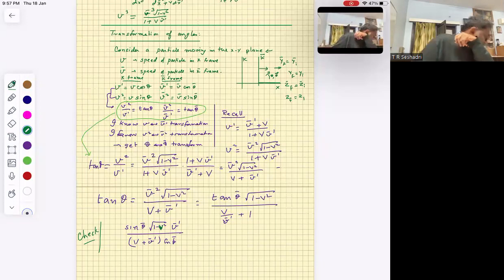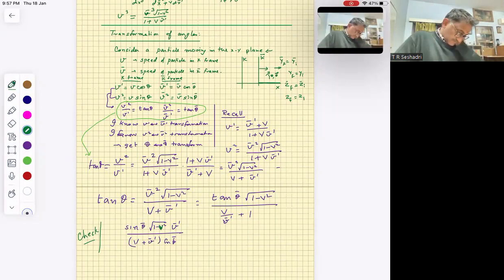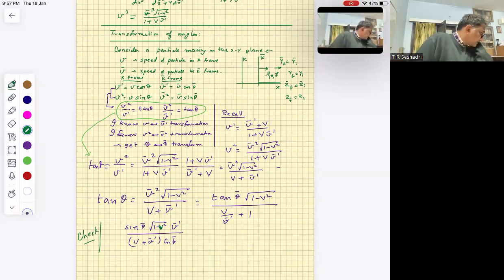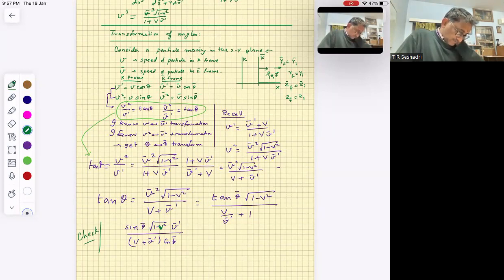Now, if theta prime is 90 degrees, no, that doesn't work. This is -1, then... Now, suppose my theta is equal to pi, that is going in the backward direction.